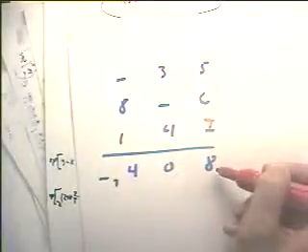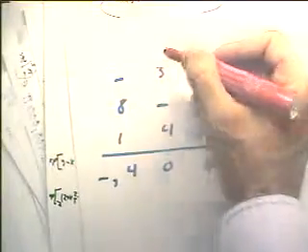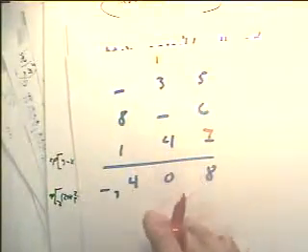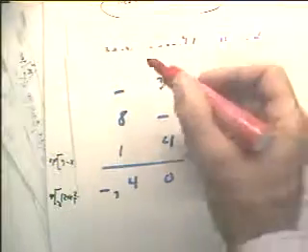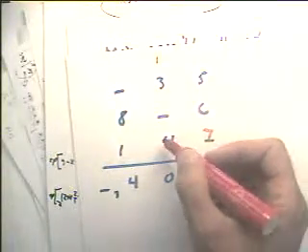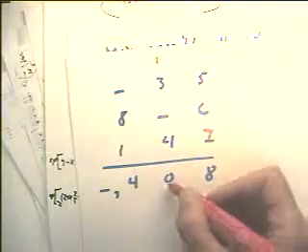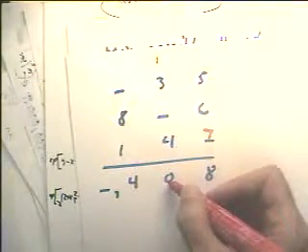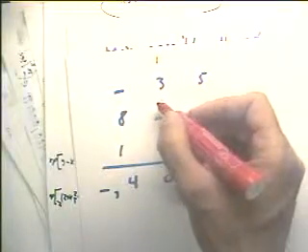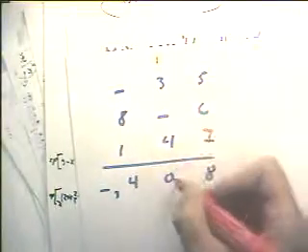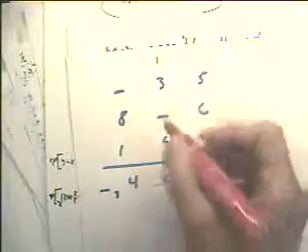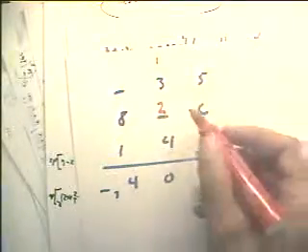5 and 6 are already too big. So now we're going to have a 1 to carry here. And if we carry a 1, let's see, 1 and 3 is 4 and 4 is 8. This number can't be bigger than 9. So this is going to have to be 10 here, isn't it? So in order to make this 10, this number here is going to have to be 2.